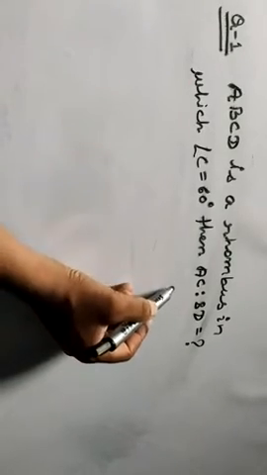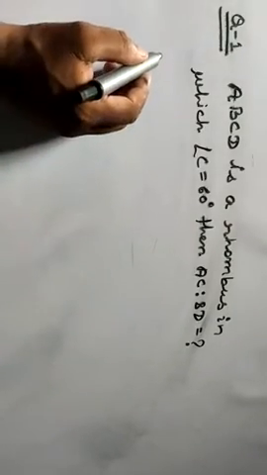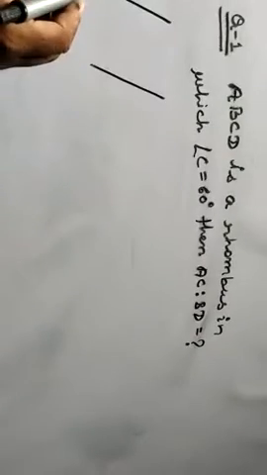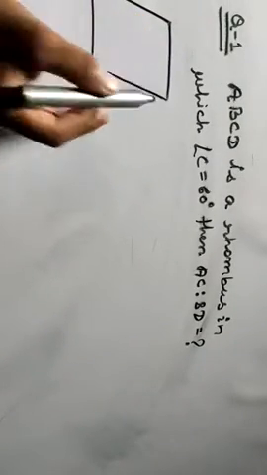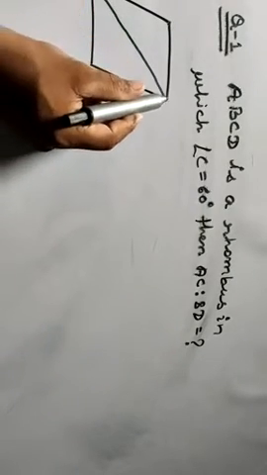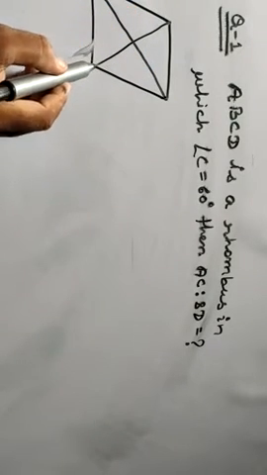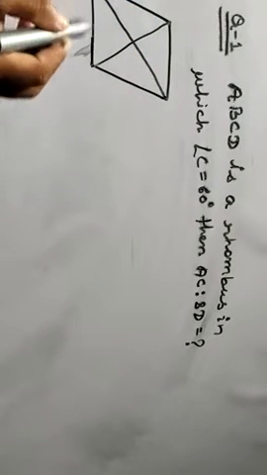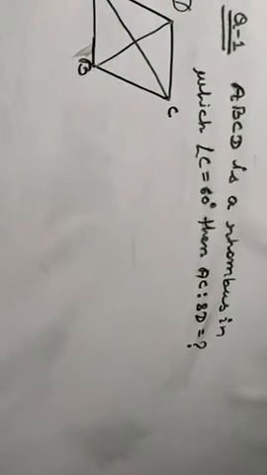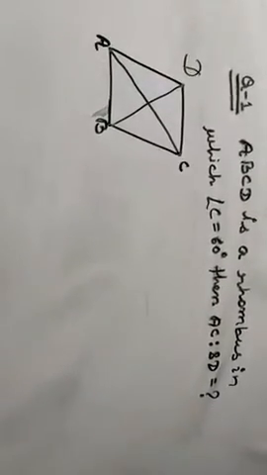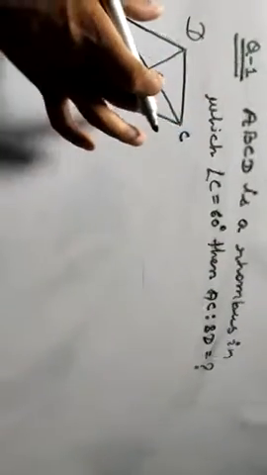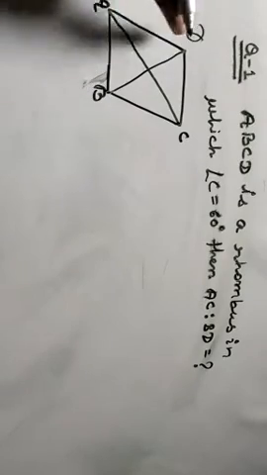If I have a rhombus given, first of all we have to remember the properties of the rhombus. It is a rhombus, we know that, and it has diagonals. Let's write their names: A, B, C and D. ABCD is a rhombus and AC is a diagonal and BD is also a diagonal.